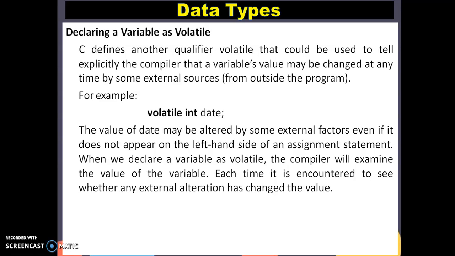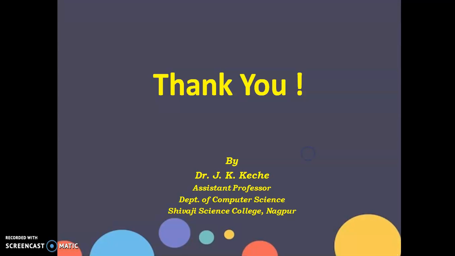When we declare a variable volatile, the compiler will examine the value of the variable each time it is encountered to see whether any external alteration has changed the value.